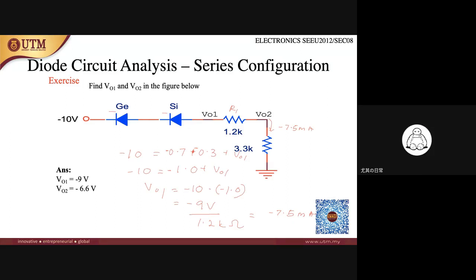The current is, I just use 10 divided by 4,500. The current is 0.00222 ampere.